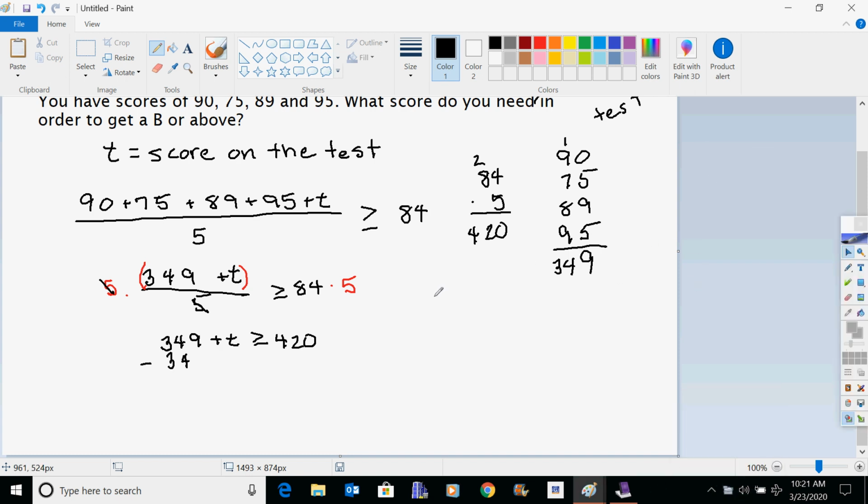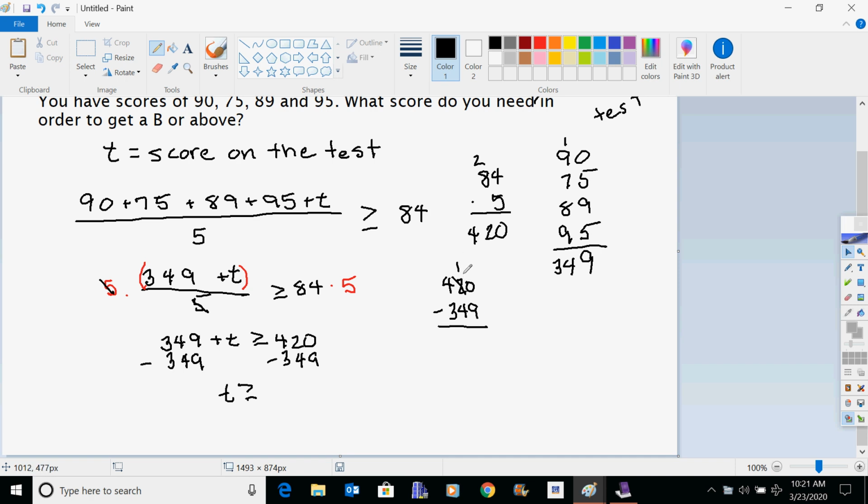All right, resuming. The phone is done ringing now. And here we go. So we're taking away 349 from both sides. And we have t is greater than or equal to 420 minus 349.